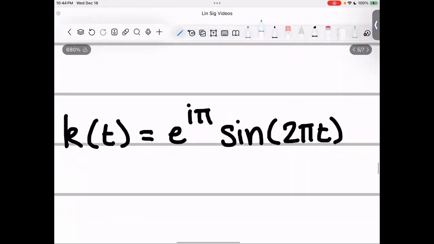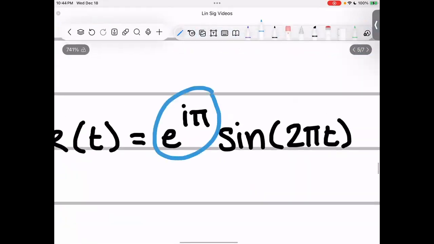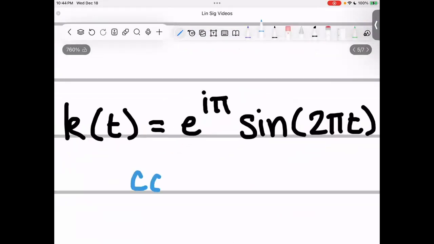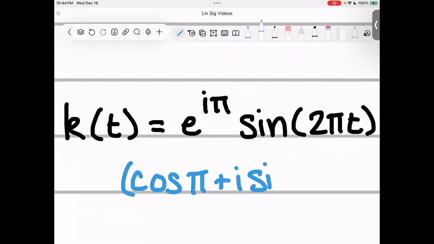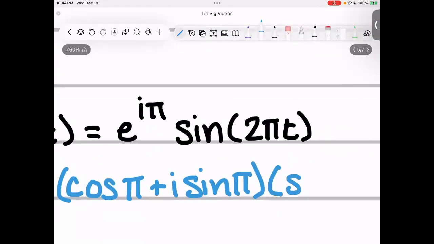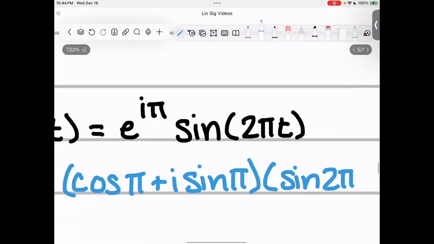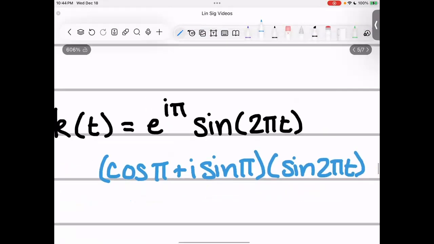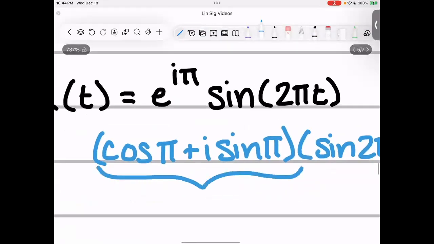What about this? e to the j pi, if you saw it in the last video, can actually be written as cosine of pi plus j sine pi. And then we're going to bring down the sine to pi t. Now that I did this, this is just constant.